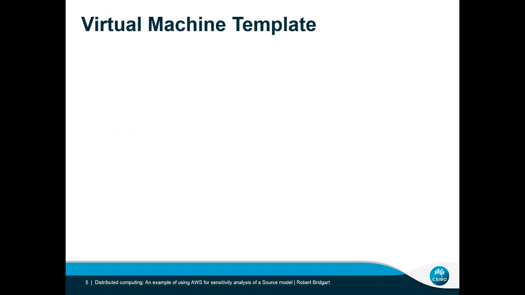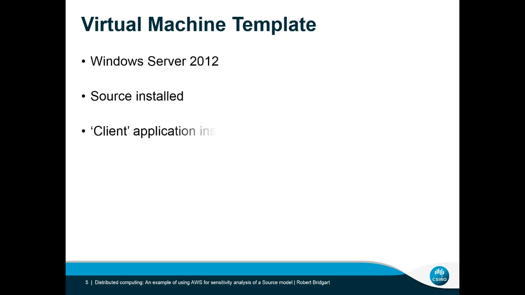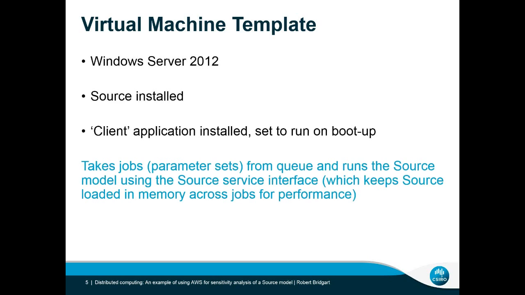Each virtual machine that we spin up, the machines that are actually going to do the work, were essentially running Windows Server 2012, and we installed Source on them. We also installed a client application. This client application was set to run on boot up of each of these virtual machines.